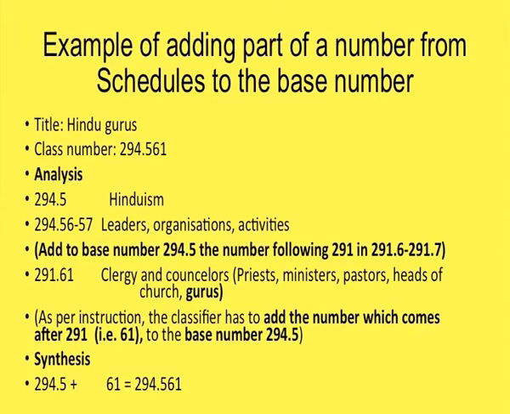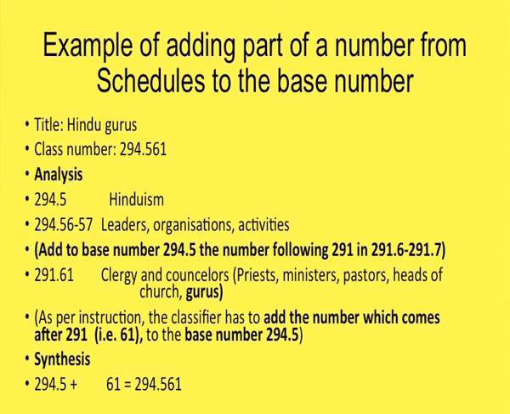First of all, we try to find out the basic subject of this title. The basic subject is Hinduism. So, we take the number 294.5 for Hinduism, and after that leaders or organizations or activities, and for this we find the number 294.56-57.